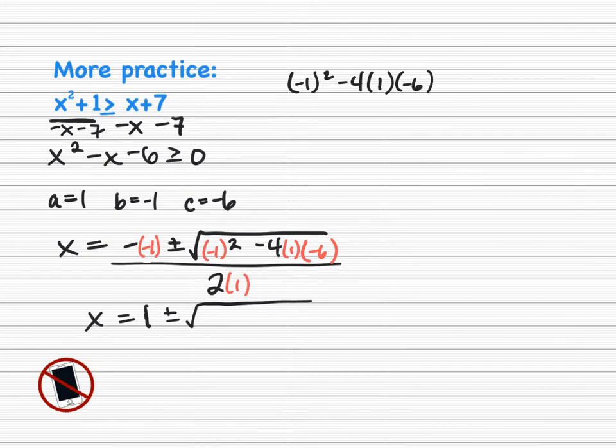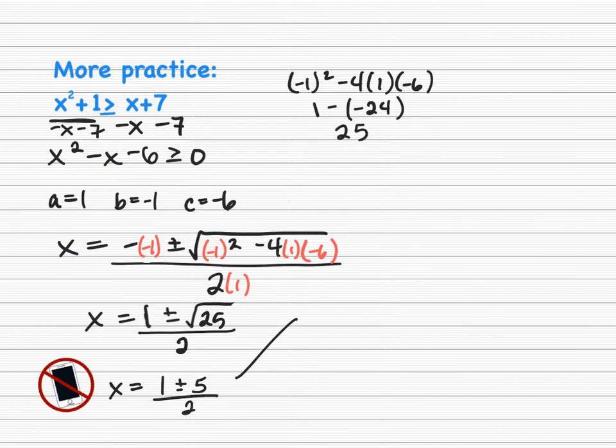So -1 squared is a +1. 4 times 1 times -6 is -24. So this ends up being 1 plus 24, which is 25. So I can shorten my square root sign there, put a 25 underneath, all divided by 2. So x equals 1 plus or minus the square root of 25, which is 5, divided by 2.